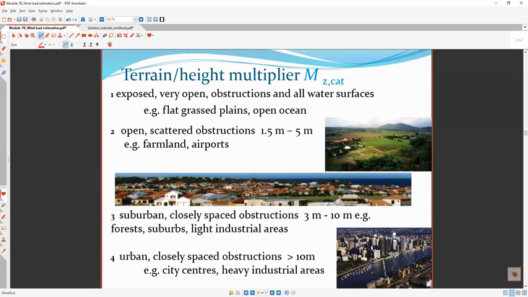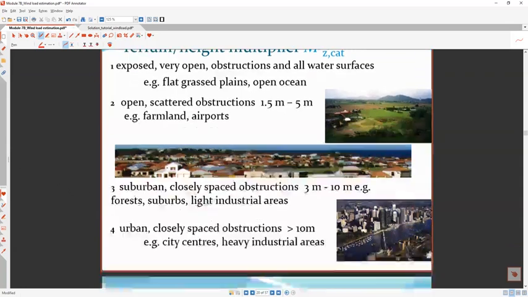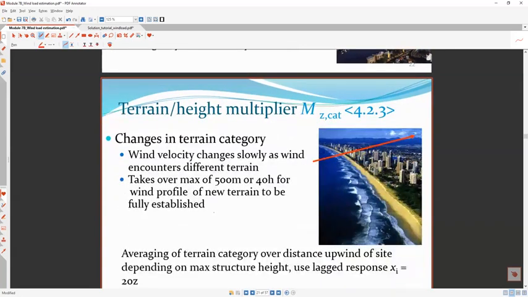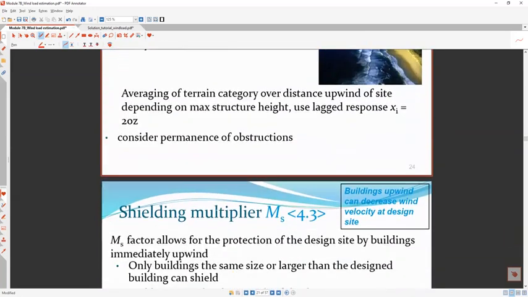And then you have 4, like Gold Coast, they have shown an example, urban area, closely spaced obstructions. So you have to estimate which terrain category the building is located in, and then you use that value of Mz,cat, using that table.